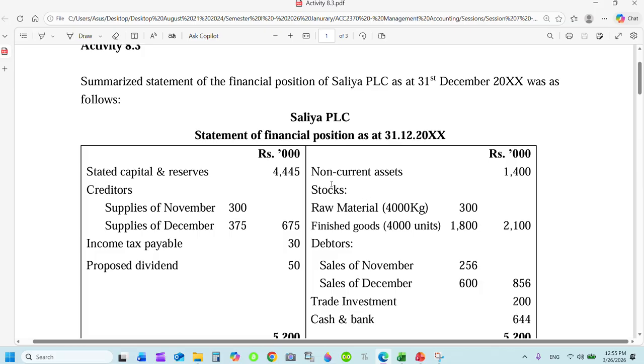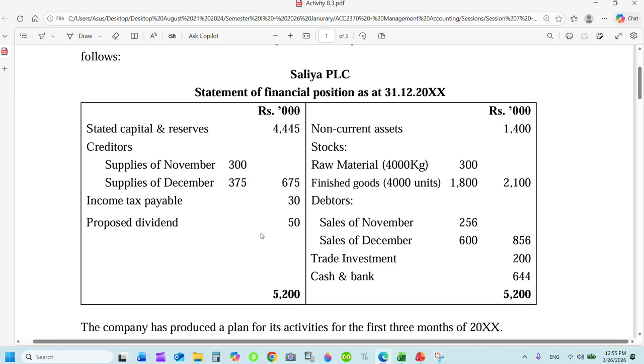We can see under current liabilities, creditors: supplies of November 300, December 375.